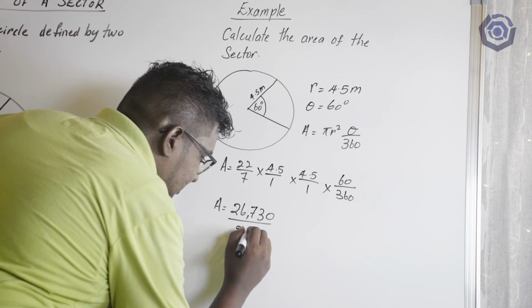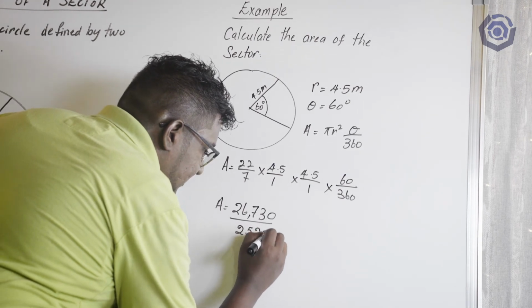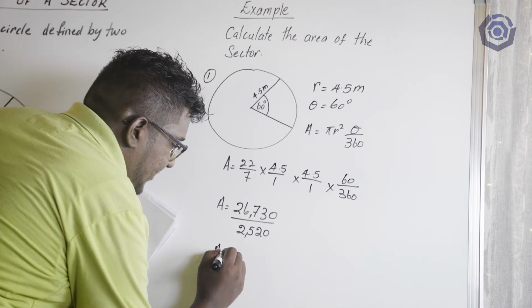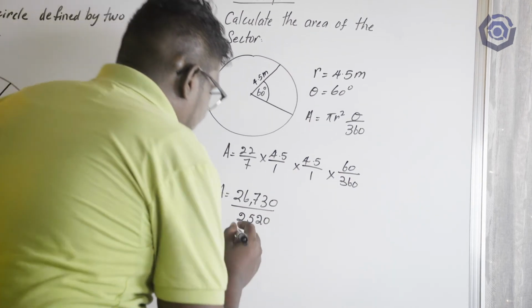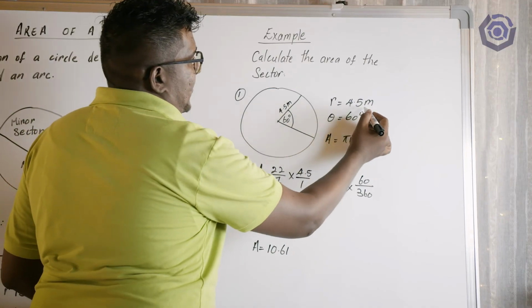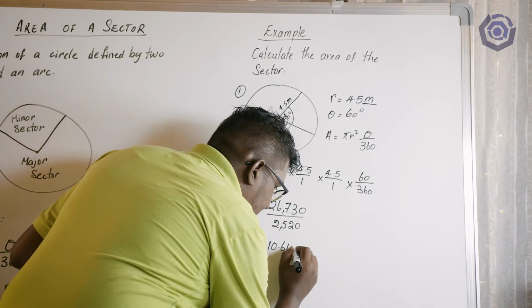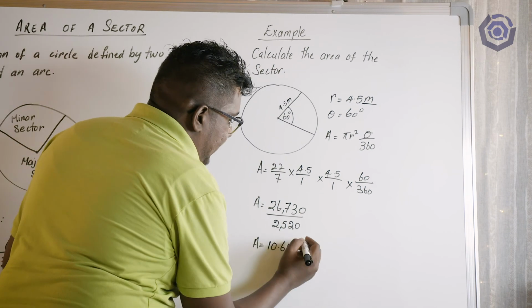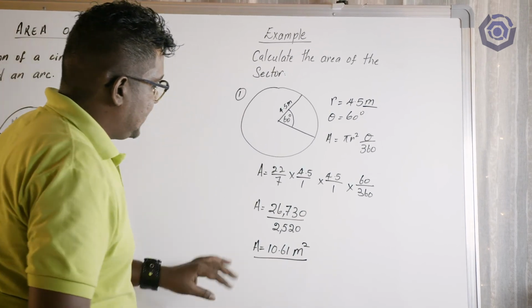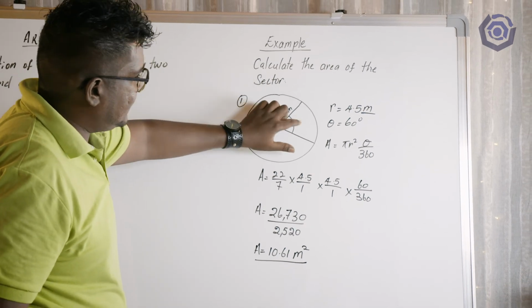That's going to give me 2,520. Divide the 2, we have our area is equal to 10.61. We're working with meters, so my unit is meters, and since we're finding area, it is meters squared. So this is the area of this little piece.